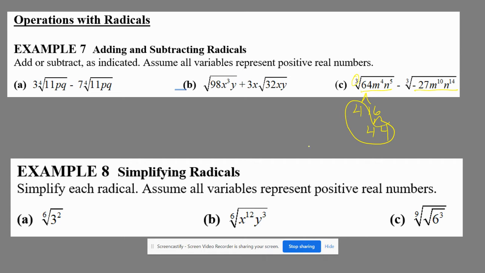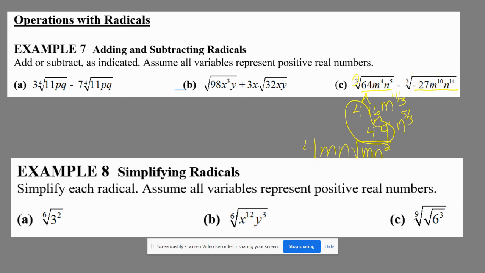So I have a group of 3 4s. M to the 4 over 3, I can pull out one group of m's with 1 remaining. And then I have n to the 5 thirds. I can pull out one group of n's with 2 n's remaining. So we've pulled out all of the numbers and we have mn squared remaining.